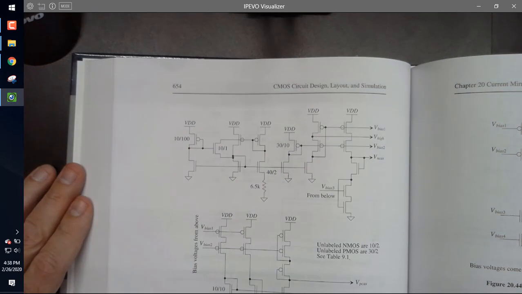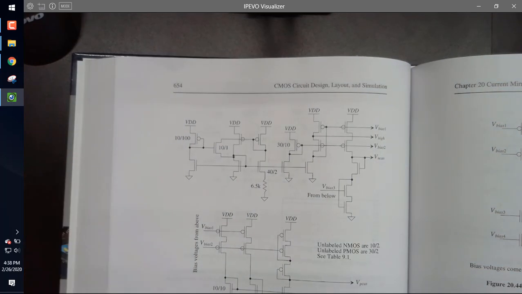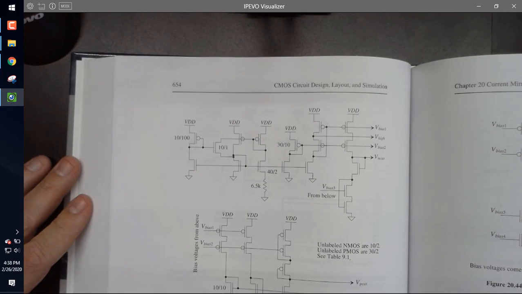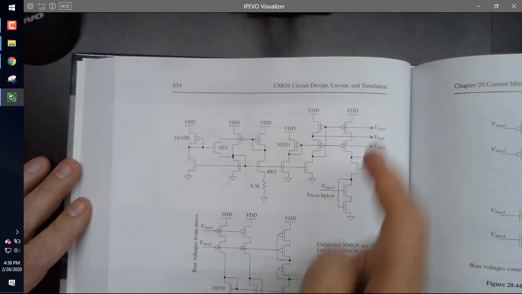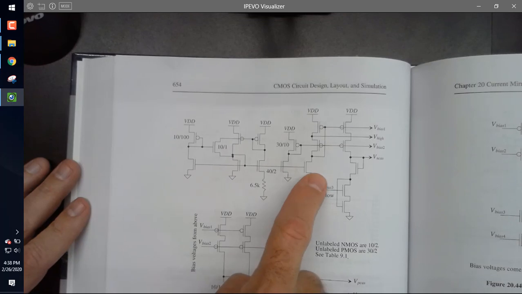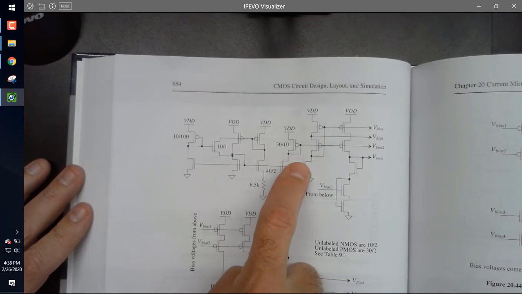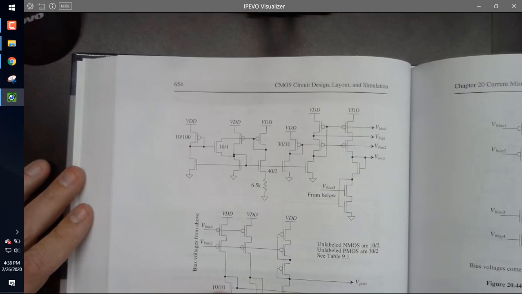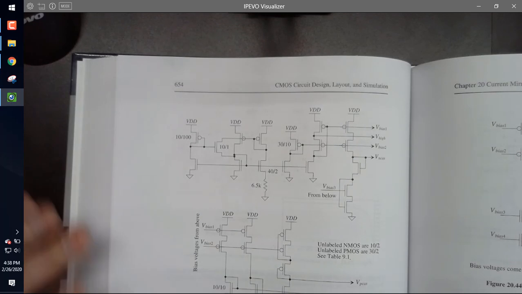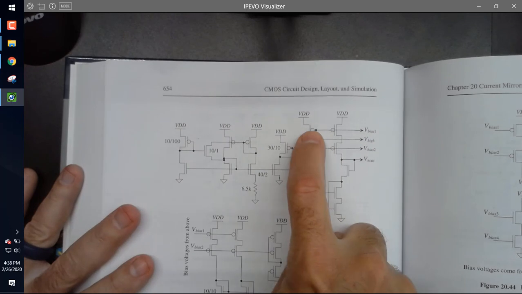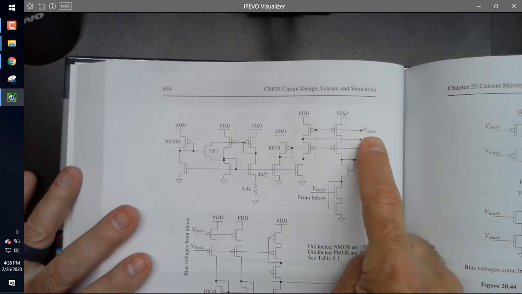What controls the currents in each branch? What's the biggest thing controlling the currents? The VSG. What's the biggest thing controlling the currents here and here? VGS. What's the biggest thing controlling the currents here? VSG.